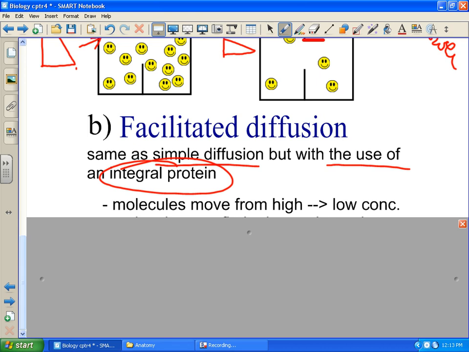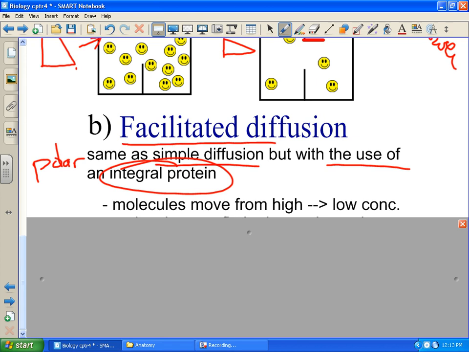There's only certain molecules that need to. These are going to be polar. Polar stuff, proteins, things with a charge, are going to need to use a special protein to get through the membrane.